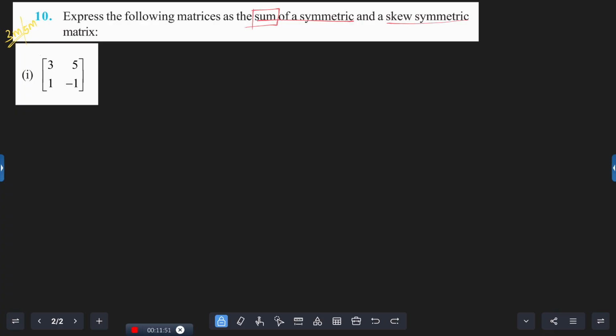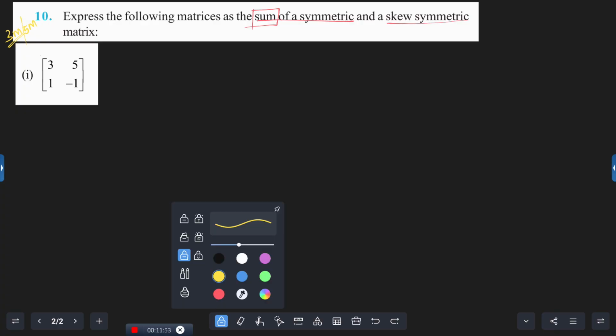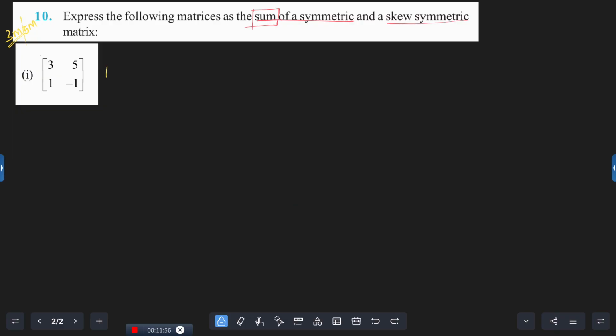Raja, we'll start now. The given one you take, let A equal to 3, 1, 5, minus 1. This I'm taking as A, just the given one I have taken as A. Then what we need to find: symmetric, skew symmetric, A dash also needed.